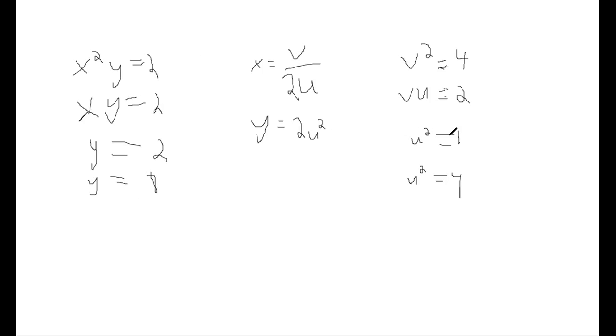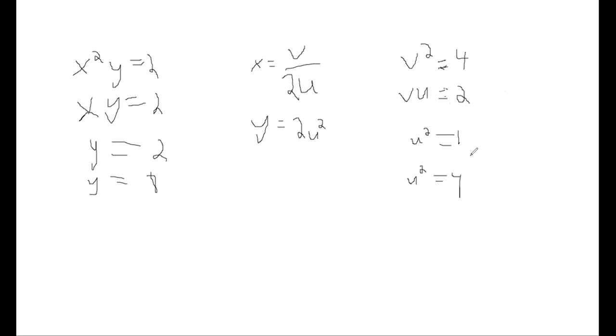So if I make a choice for u where I say I want u to go from -2 to -1, well, then if u is negative, v needs to be negative as well. Otherwise, x won't be positive. Generally, when we work with roots, we are going to choose the principal root.